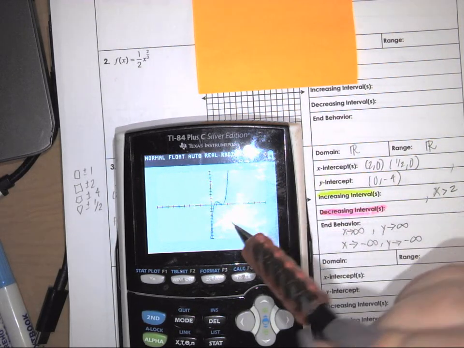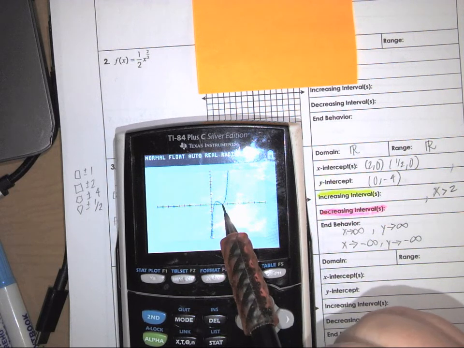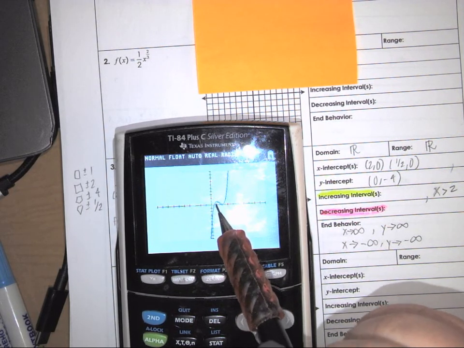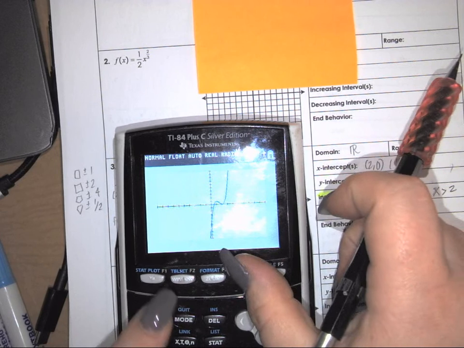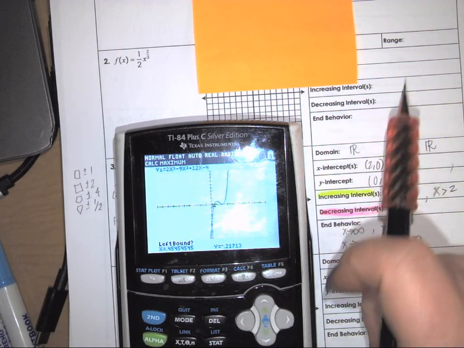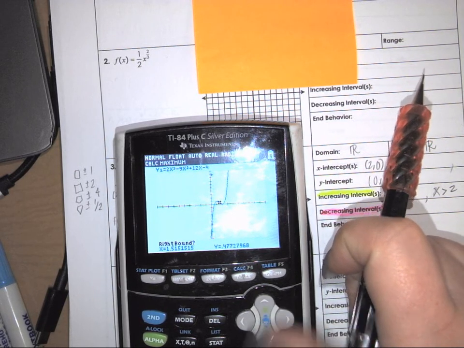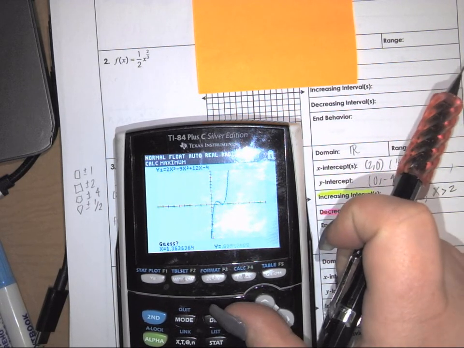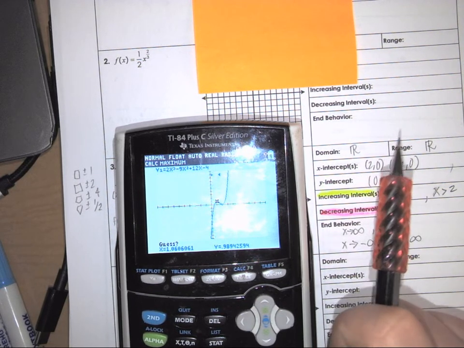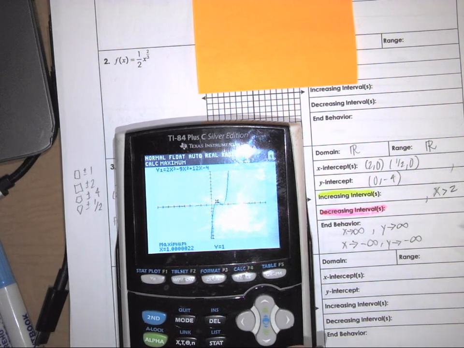So just like I said, here it intercepts at 1/2 and then bounces there. So you need to find what this max is. So you go to calc and then you choose max, and then you go a little to the left of the hump, press enter, a little to the right of the hump, press enter, and then there. So the max is (1, 1).